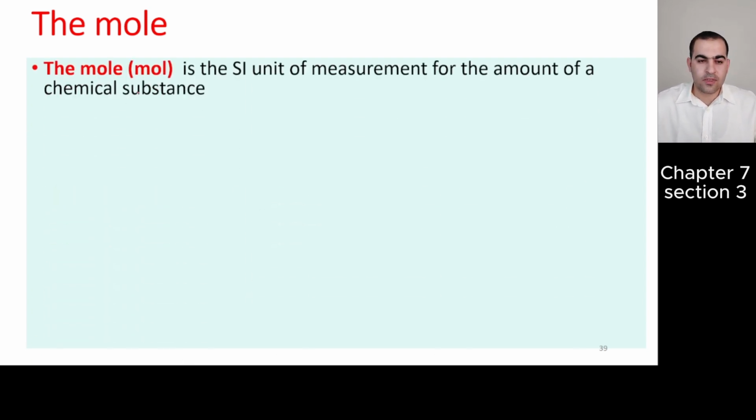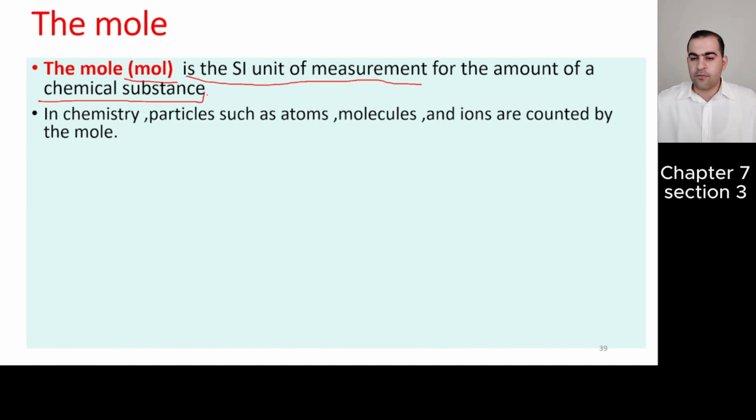This is the symbol of the mole, just mol, like for gram we use a small g. It is the SI unit of measurement we use for the amount of chemical substance. That's it. This is the definition.